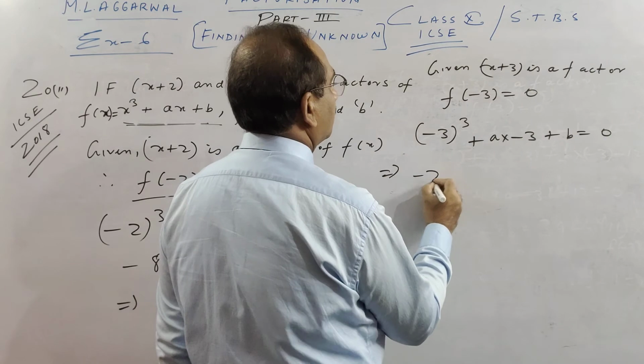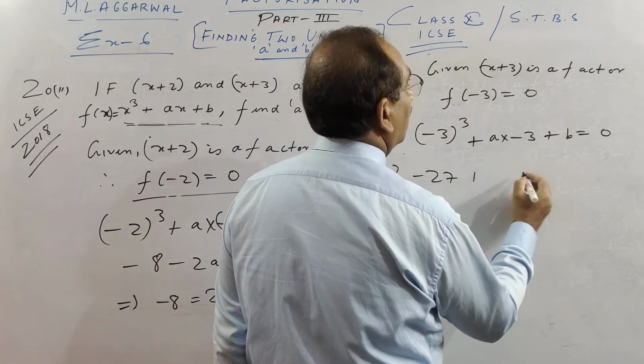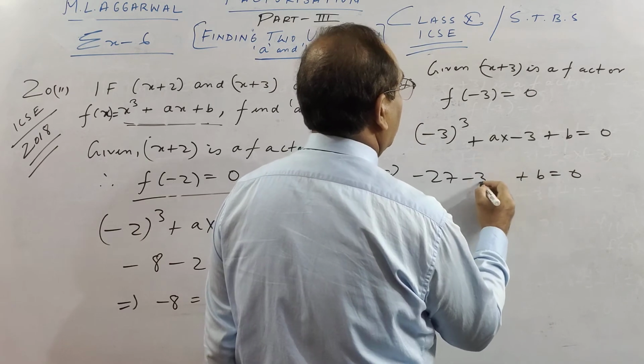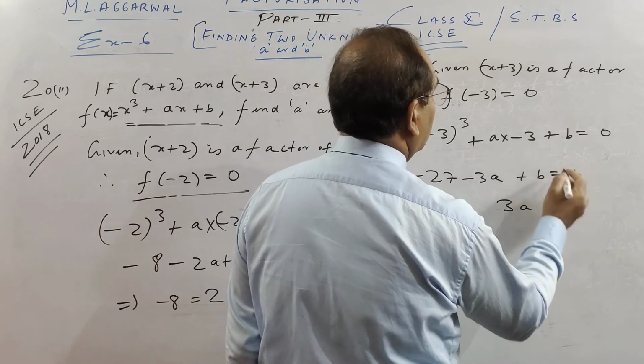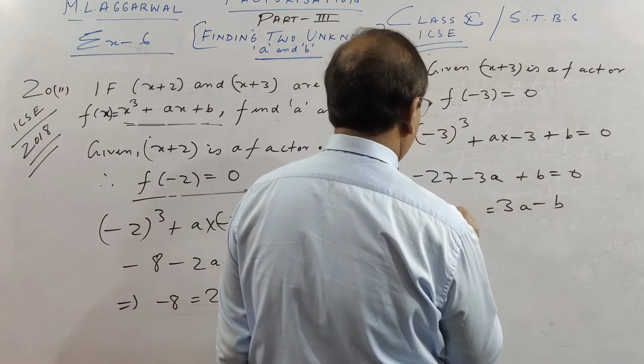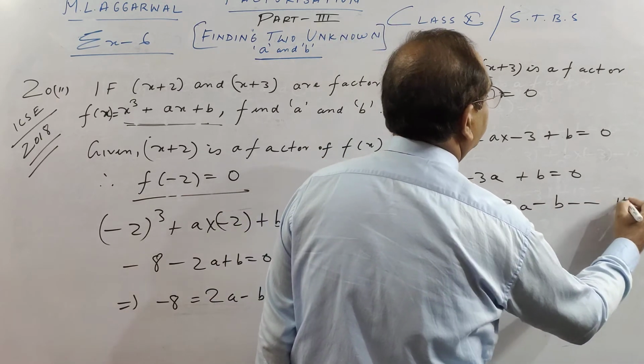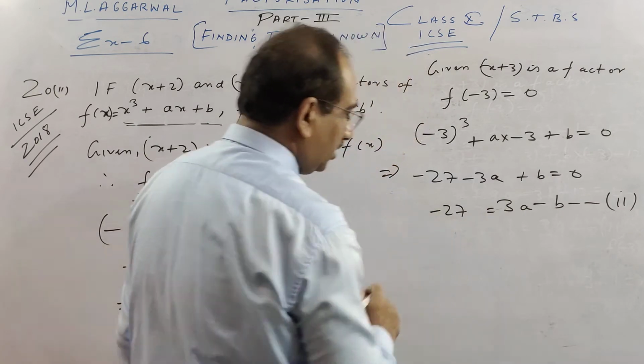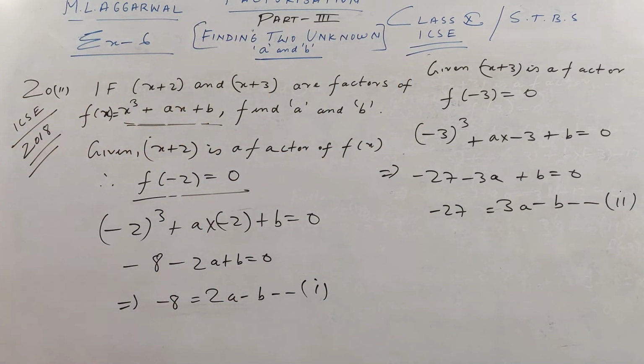So this gives us minus 27 minus 3a plus b is 0. So I transpose it to the other side, I get 3a minus b is equal to minus 27.